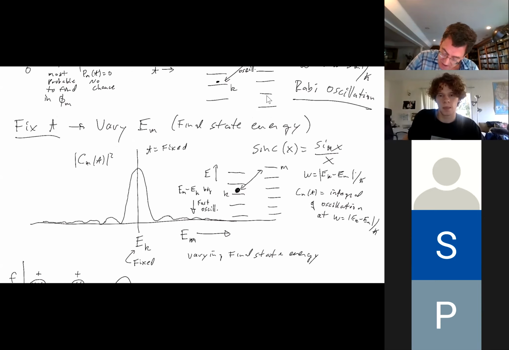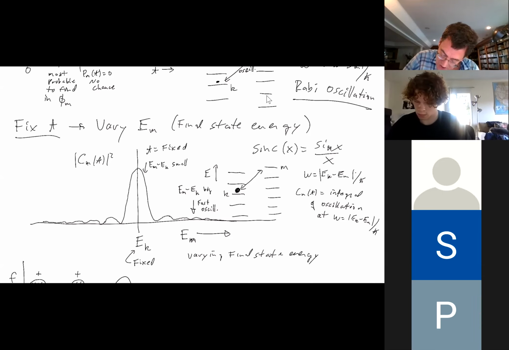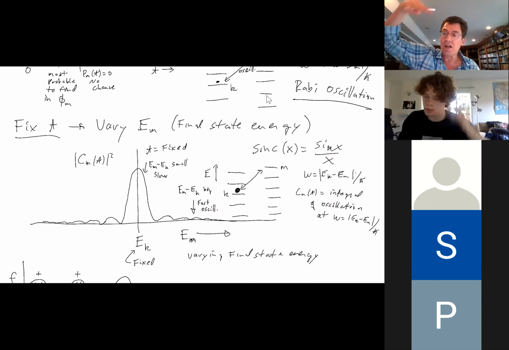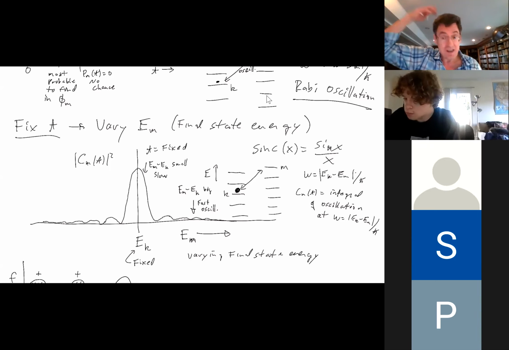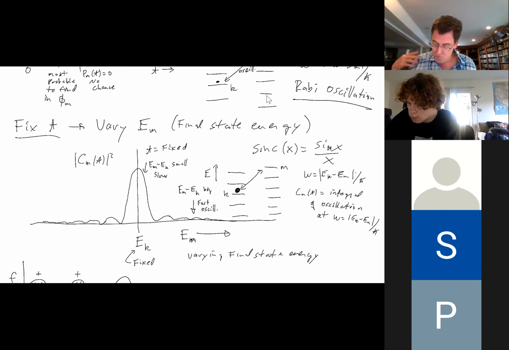But here, Em minus Ek is small, and so I'm integrating the slow oscillation. You see? And so now the accumulated amplitude is big. So that's a way to think about it.